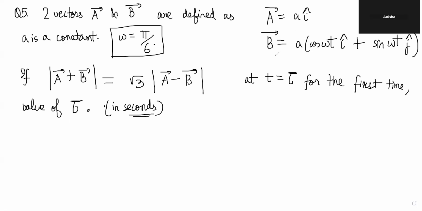Basically, there are two vectors, and B is looking like a combination of two SHMs, right? This vector equation is true for the first time here. Okay, so try this one out. Actually, maybe try it right now only. It's not so difficult.